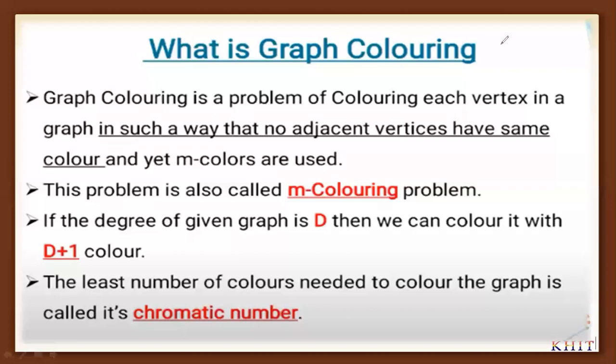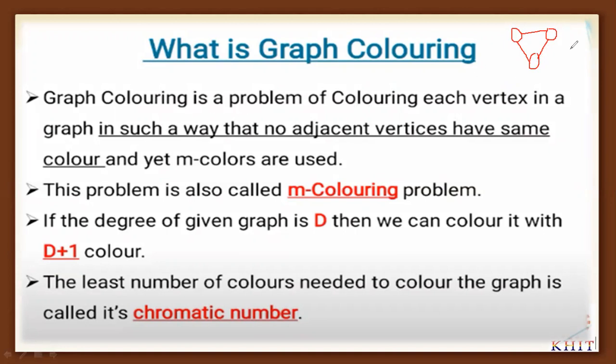Now let me show you the graph. Consider that this is the graph. These are all the vertices, and the vertices can be drawn with circles. So there are three circles, which will be considered as vertex 1, vertex 2, and vertex 3.